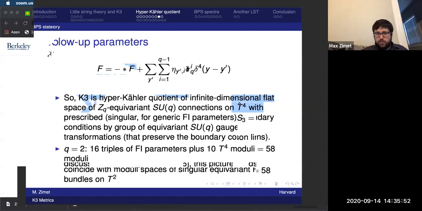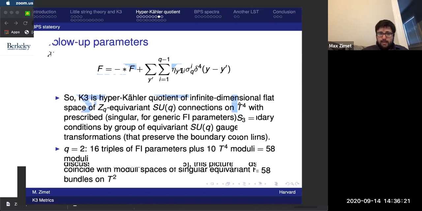And so you can count how many parameters there are here. As I mentioned before, there are three self-dual, constant coefficient harmonic two forms on a torus, so the parameters here come in triples, which makes sense because there are three moment maps.